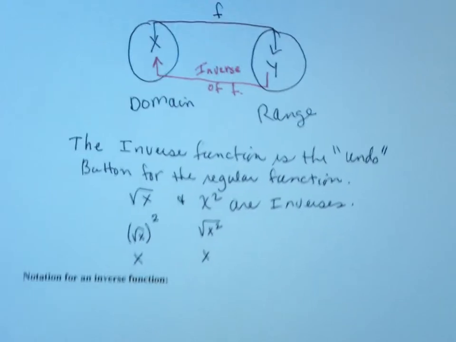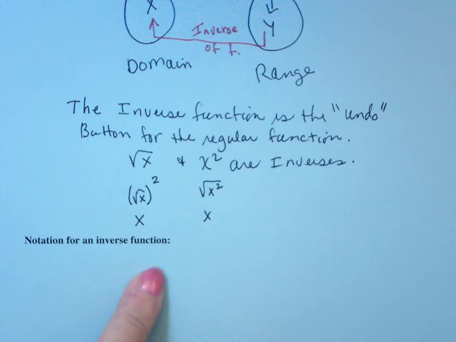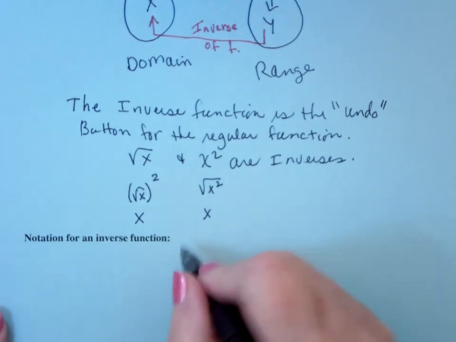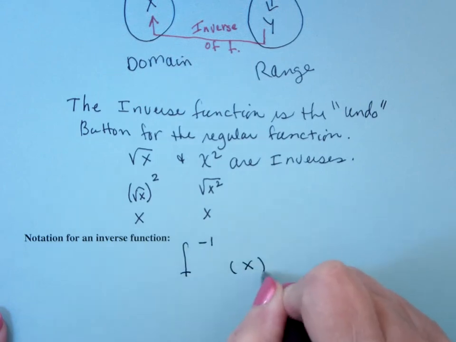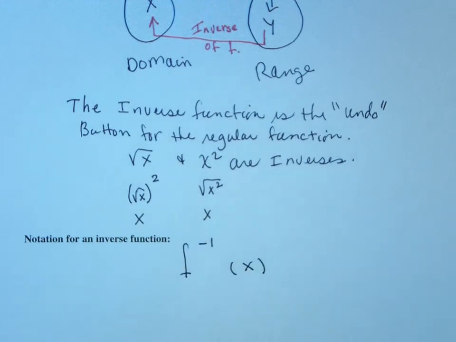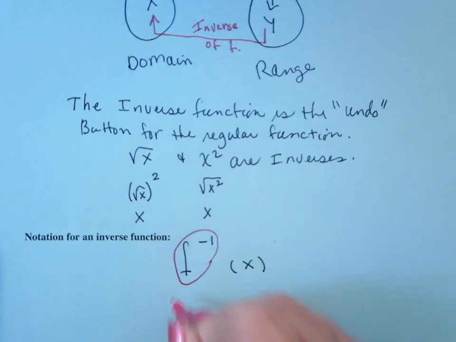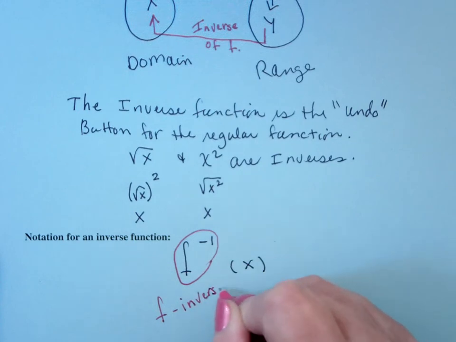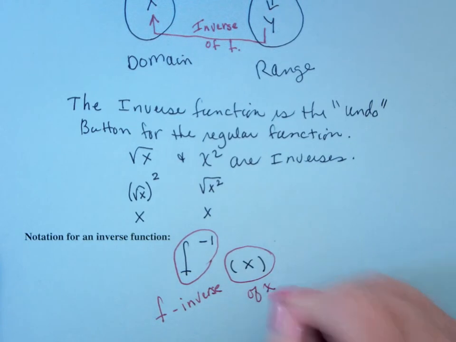Now the notation for the inverse function is kind of funky. If I look at the notation, it's f minus 1 of x. I'll spread it out like that so we can mark things up. This says f inverse, and this says of x.